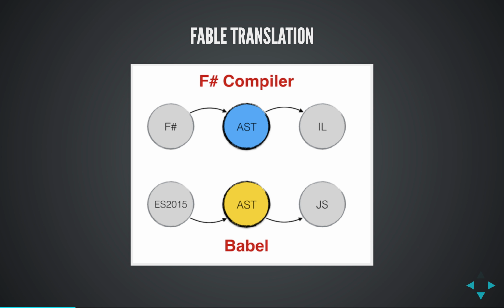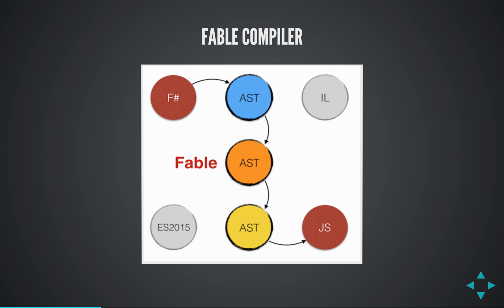In the case of the Fable compiler, here we have two compilers, and the F# compiler translates to a typed AST that can then produce .NET intermediate language, and then Babel takes some version of JavaScript, translates it to an intermediate Babel AST, and can then output JavaScript for all the different flavors.